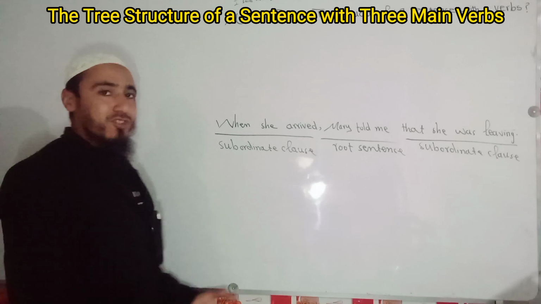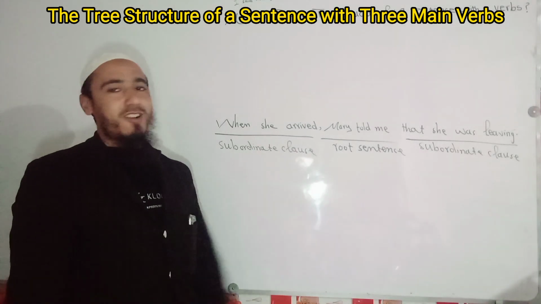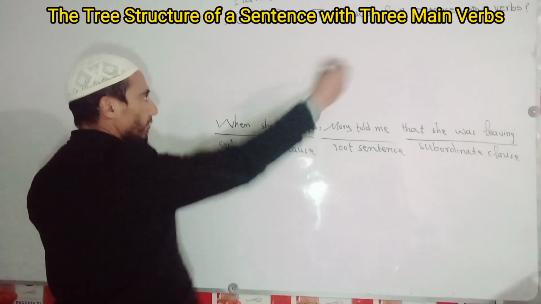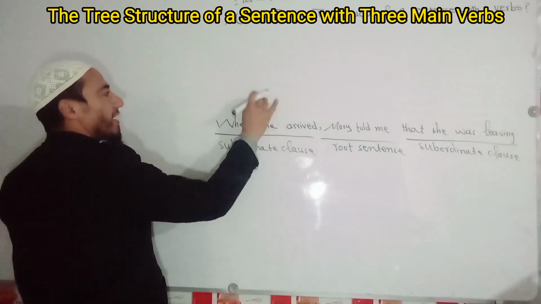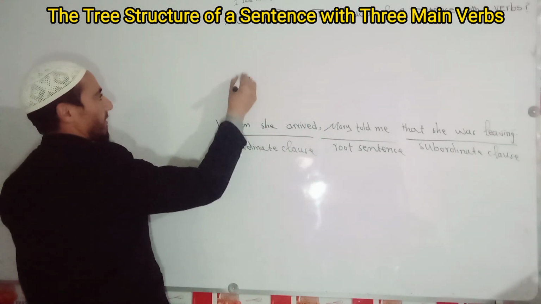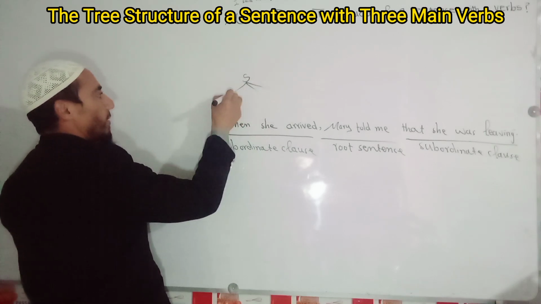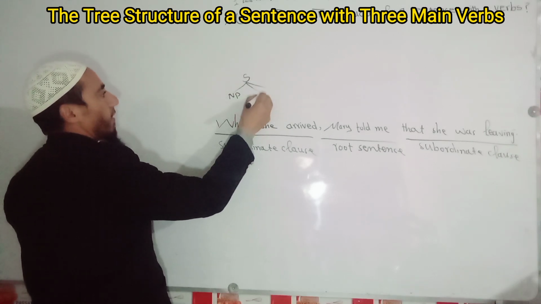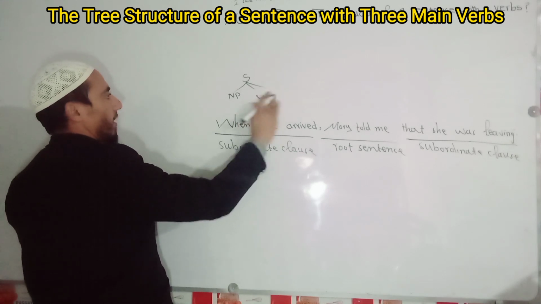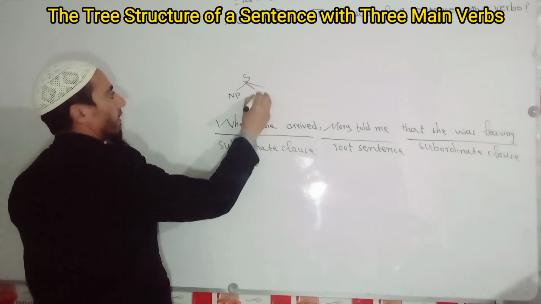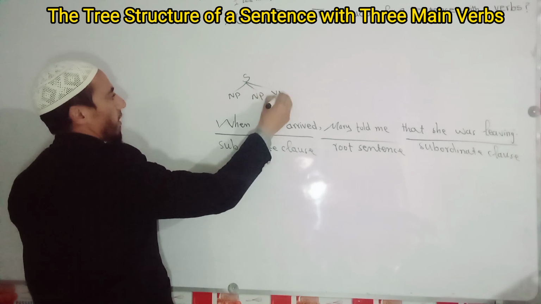Now, what would be the tree diagram of it? First of all, I'm taking S here. S means sentence. In a sentence we have two NPs and one VP.